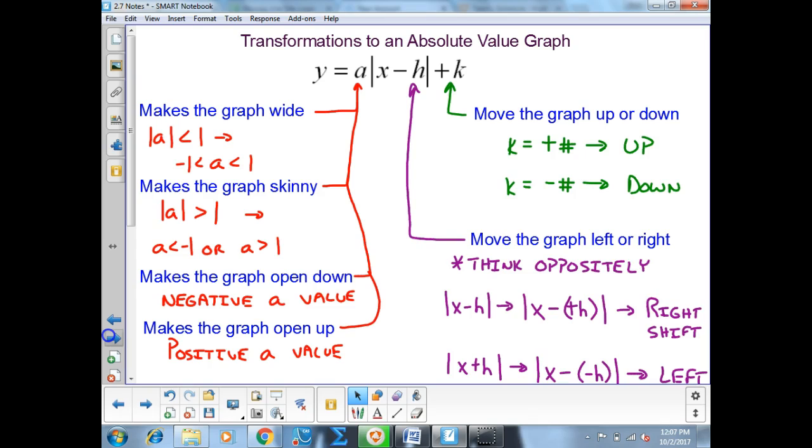The most important things out of that are the horizontal shift and the vertical shift.